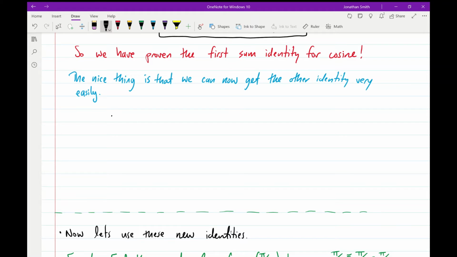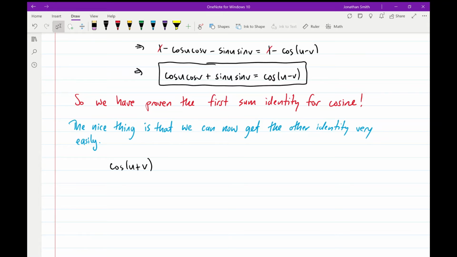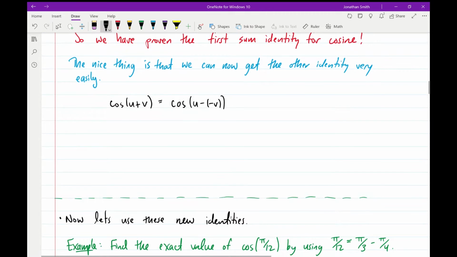All right, so notice, if we want to look at cosine of u plus v, now that we have cosine of u minus v, well, instead of trying to do the whole thing again, let's just rewrite cosine of u plus v as cosine of u minus negative v, right? Because u minus negative v is the same as u plus v.